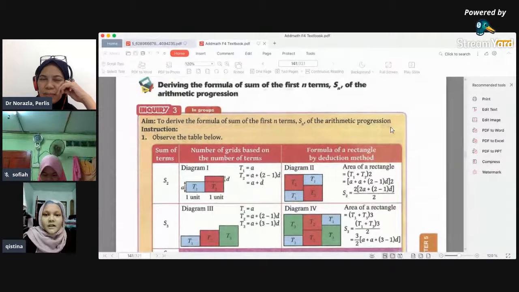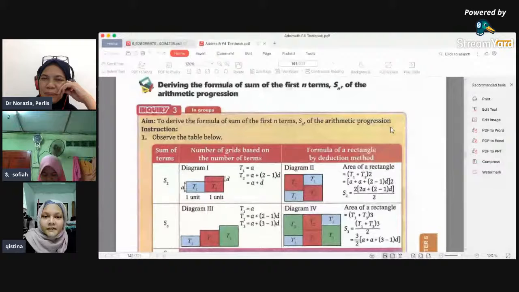Sum of the terms where we are going to find the total of n terms. Let's take a look at inquiry 3. The first one, observe the table below. Okay, let's take a look at diagram 1.